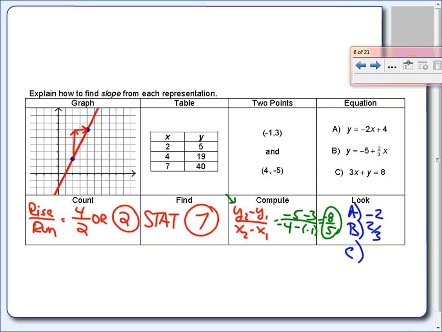Very good. Before you can say in front of the x, it's got to be in slope-intercept form first. Now, this one's not too bad because all we got to do is take 3x and move it to the other side. So all I did was subtract 3x so that I could have it in slope-intercept form. Now you should be able to tell me what the slope is.